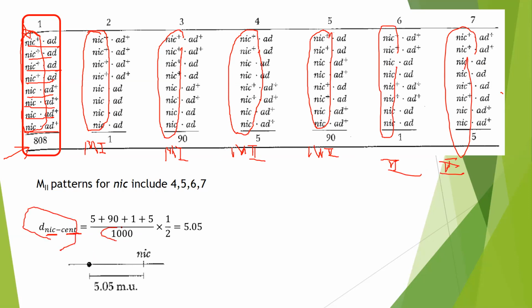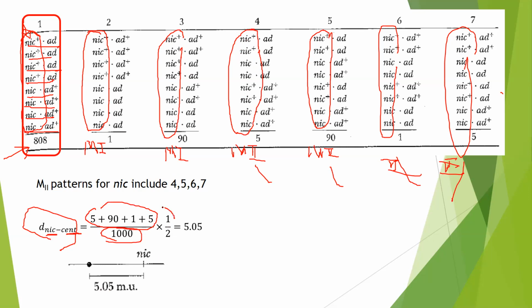So how do we do that? We're going to put the total number here, right? And we're going to add up all these numbers here. So this one, this one, this one, this one. These are the numbers we need, right? Because in each of these M2 patterns, only half of the progeny will be the parental type.